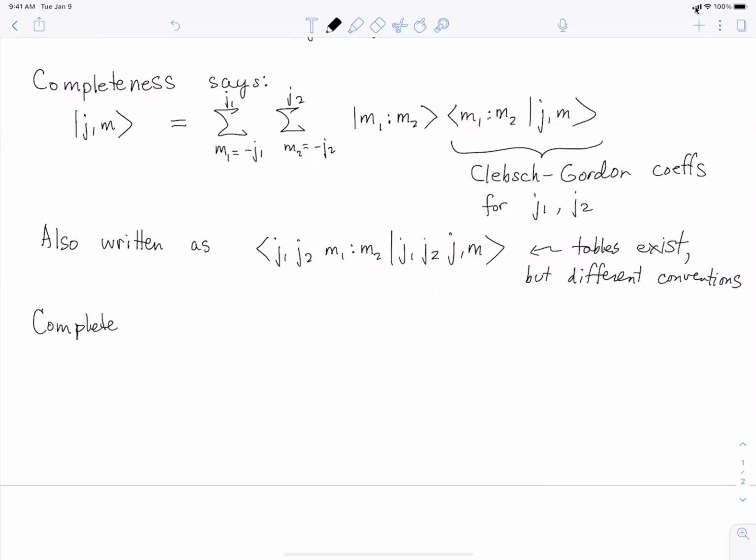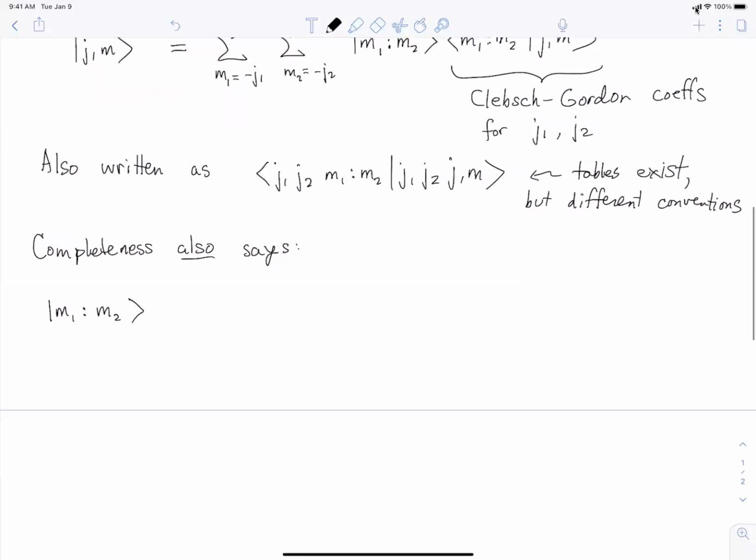So completeness also says that if I take a given product basis state, again, we use a colon for a product basis sometimes if we are worried that the notation might be ambiguous, then we can write this as a sum over all total angular momentum basis states.